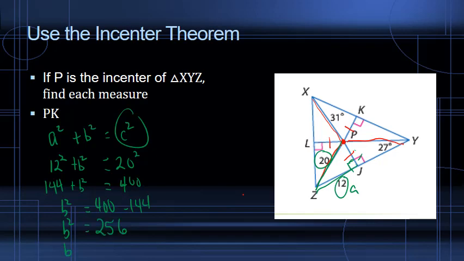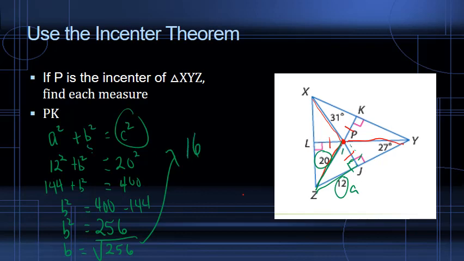And therefore b is going to equal the square root of 256, because squaring and taking the square root are inverse operations. And we're talking about a distance, so it's got to be positive. The square root of 256, I happen to know because I've done it so many times, but you can verify it on the calculator, is 16.